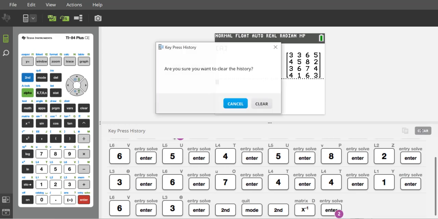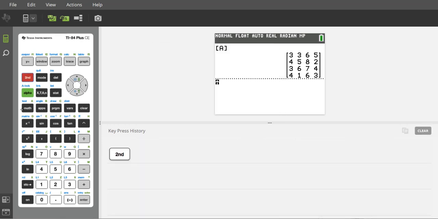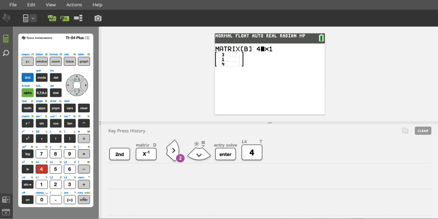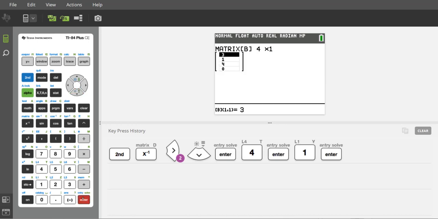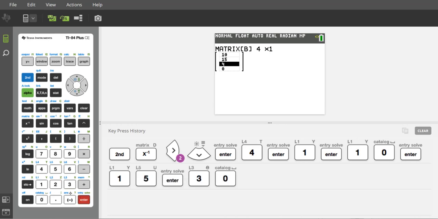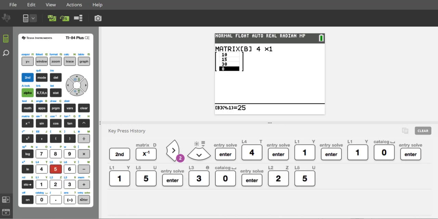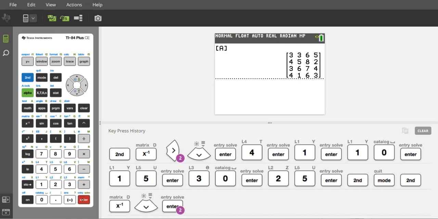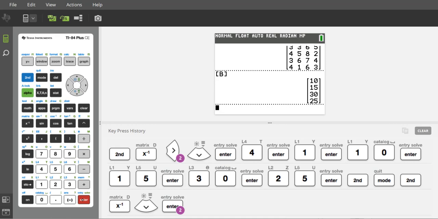Okay, now I want to enter matrix B, second matrix edit. Go down to B, hit enter. It's a 4 by 1, and the numbers are 10, 15, 30, 25. Go look and make sure it's correct. 10, 15, 30, that is.